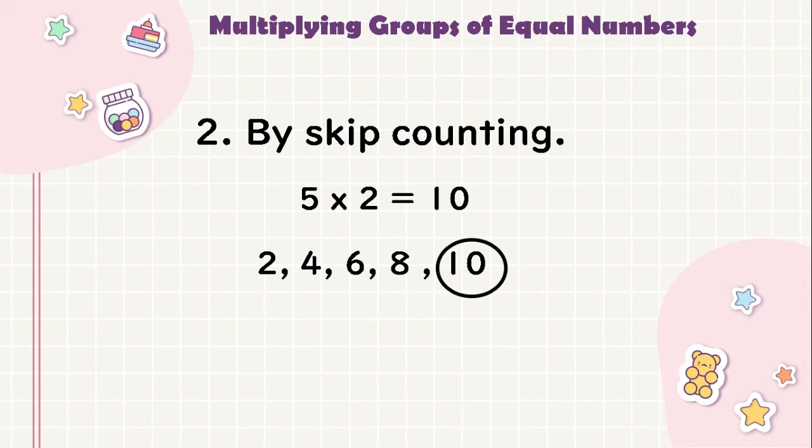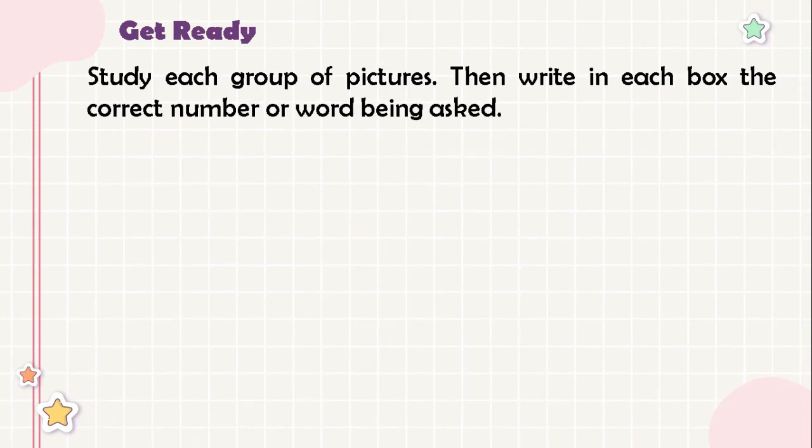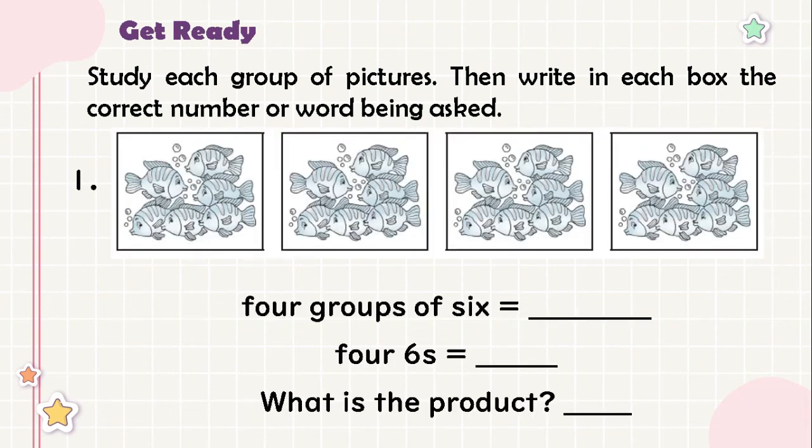Okay, so for us to have a practice, let's answer Get Ready on page 179 of your book. Study each group of pictures, then write in each box the correct number or word being asked. Okay, for number 1. So, as you can see, we have 4 groups of 6 fishes. Very good. So, 4 groups of 6, you can do skip counting by 6.